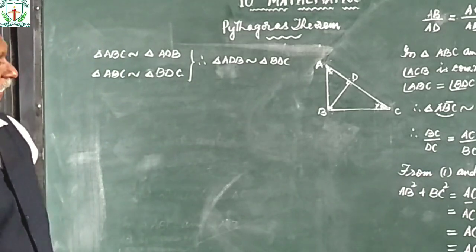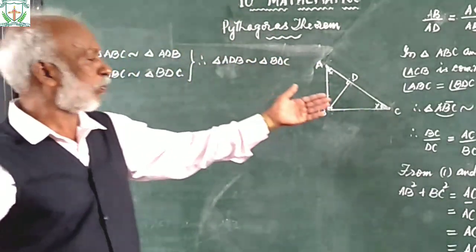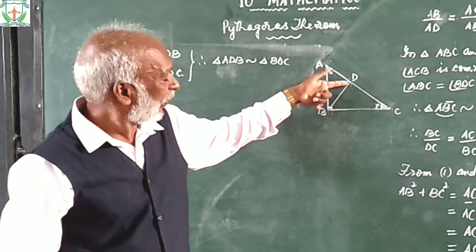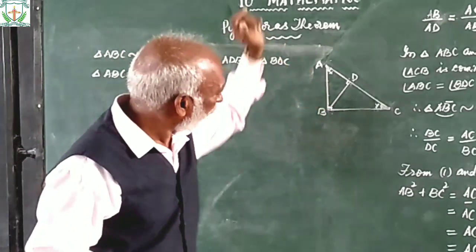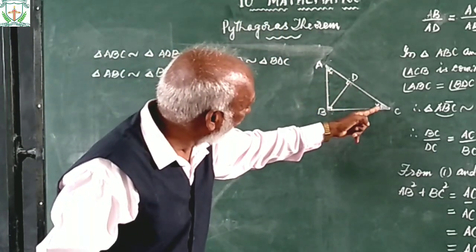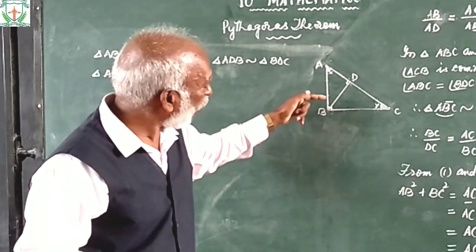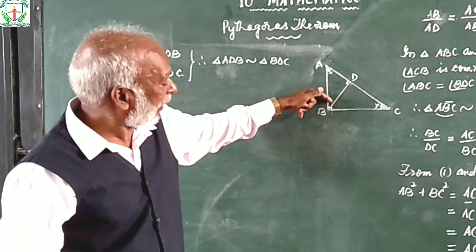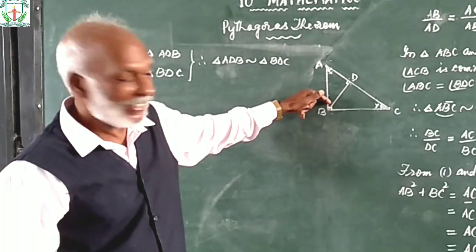You understand? Here also, in triangle ADB and triangle BDC, in other way also you can prove it. 90 degrees. Now look here. Sum of this is x plus y. X plus y is 90. So how much is this angle? 90 minus y. You understand?